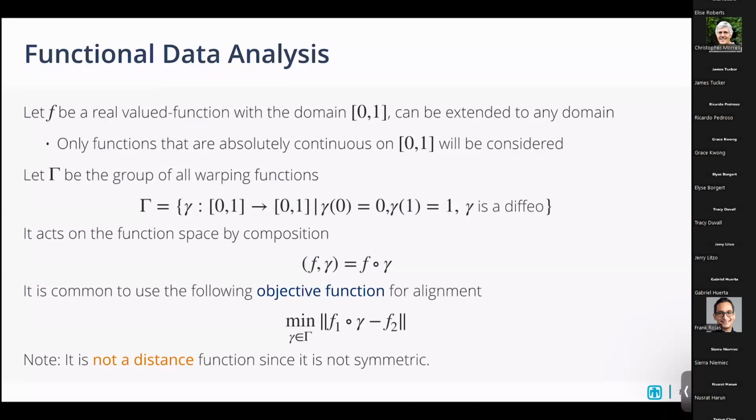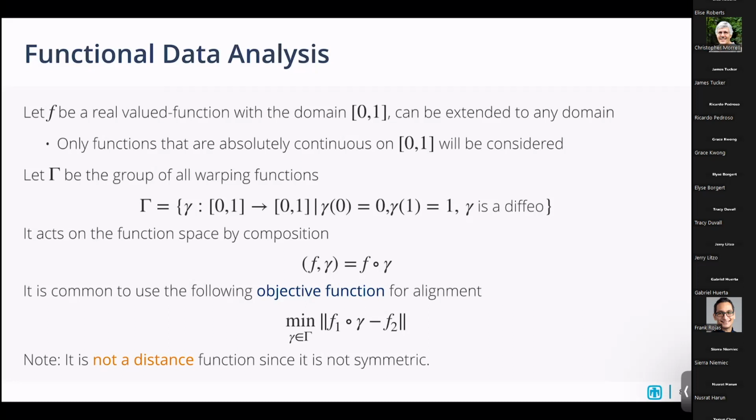It's common to use the following objective function at the bottom for alignment, or to compute a distance between two functions. This was originally presented in the seminal work of Jim Ramsay. If we want to find the minimum of the L2 norm of F1 composed with gamma minus F2, we want to find the gamma that minimizes this L2 distance.